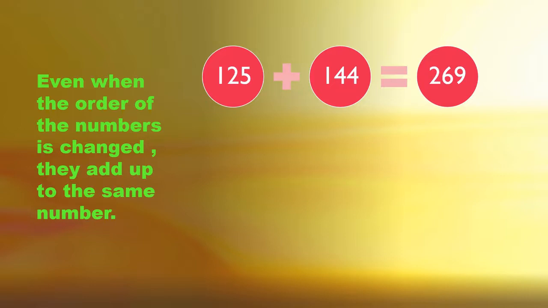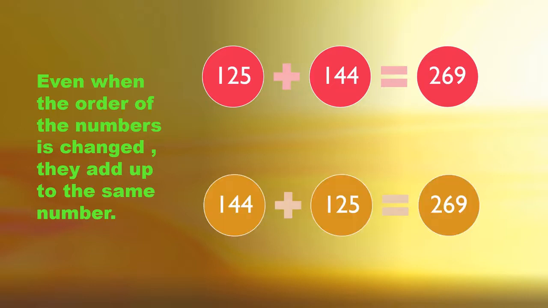Now, when we interchange the order of the numbers, we put 144 first plus 125, we will still get the same answer, that is 269. So remember, when the numbers are the same and we change their order, the answer will always be the same.